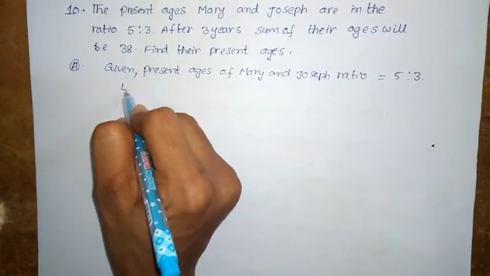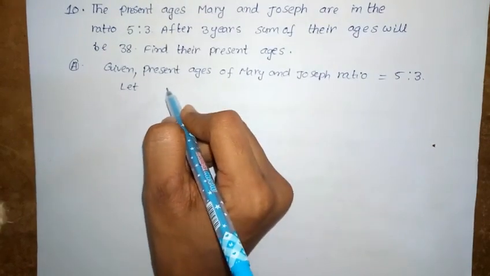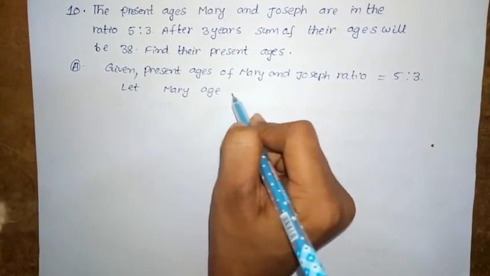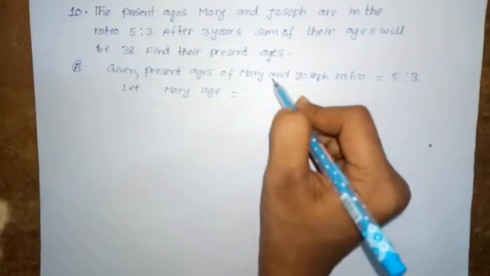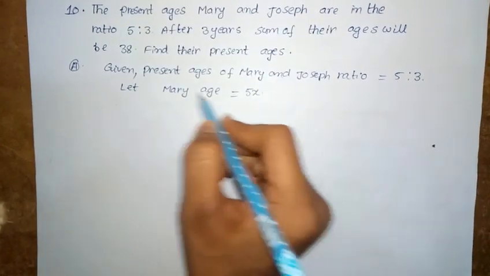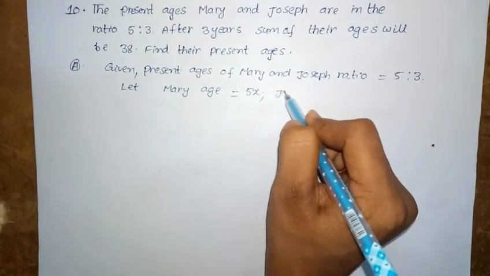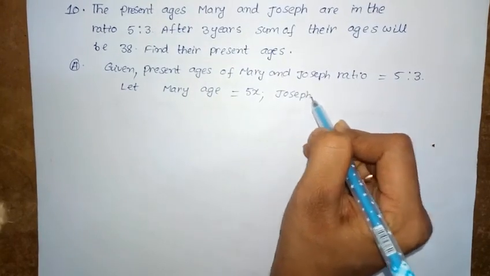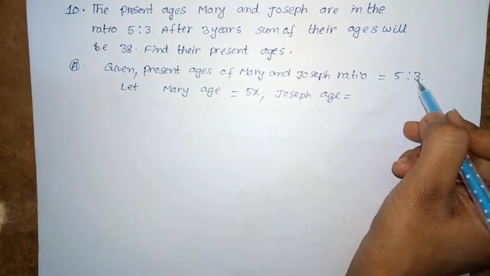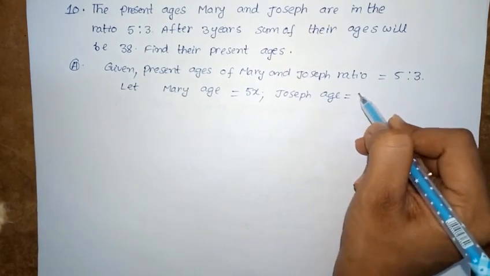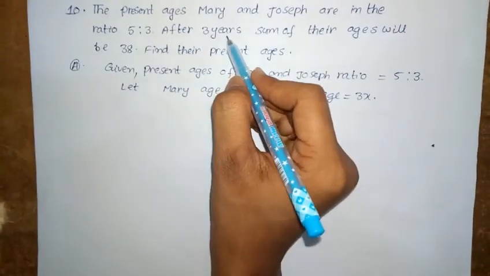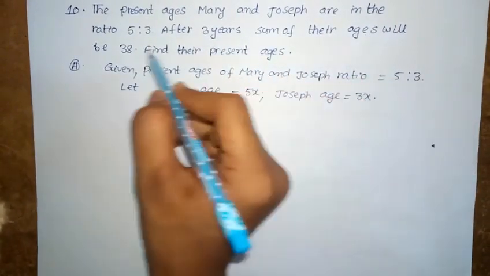So let Mary's age be, here Mary is 5 parts, so consider Mary's age equal to 5x. Next, Joseph's age: here Joseph is 3 parts, so consider Joseph's age equal to 3x. In the problem given, after 3 years, the sum of their ages will become 38.